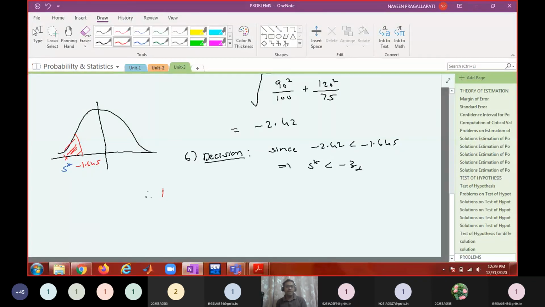Reject H naught in favor of H1 at what level of significance? 5%. Always tell at what level of significance you are rejecting or not rejecting, because your decision depends upon the level of significance only.